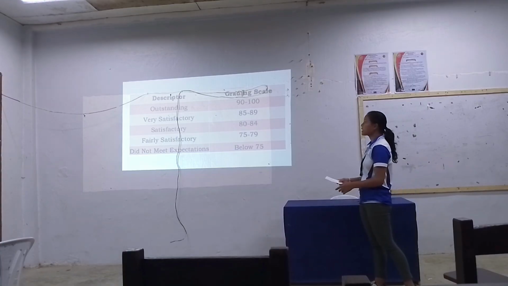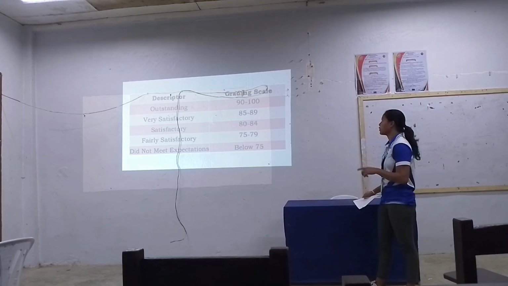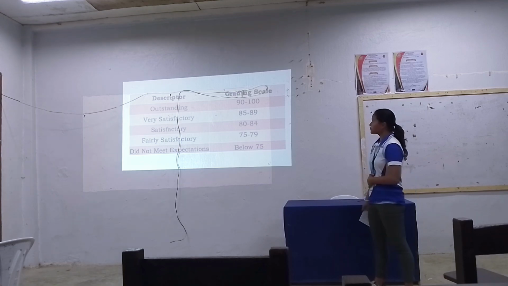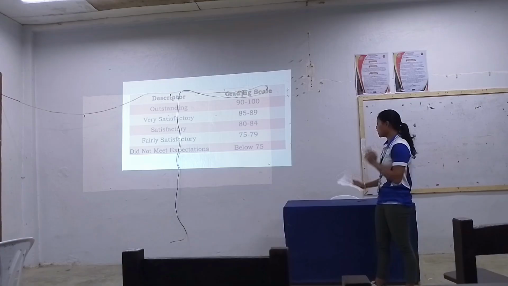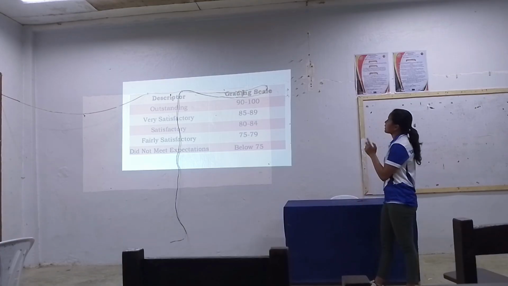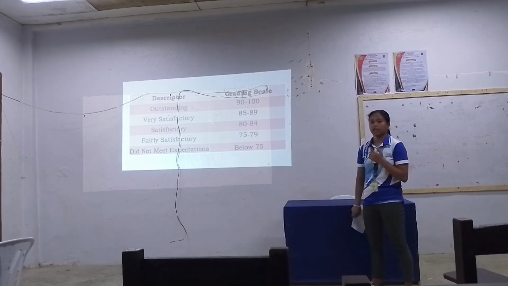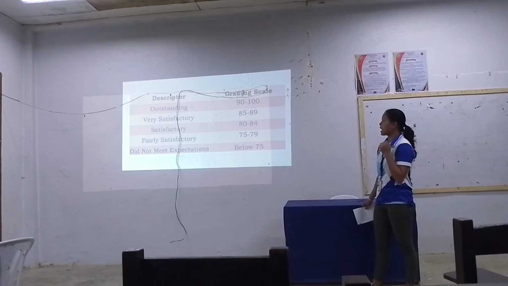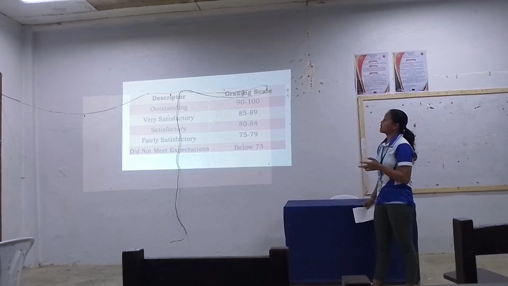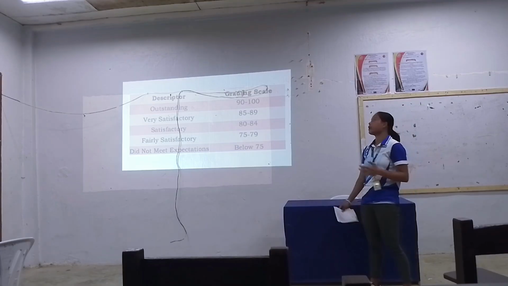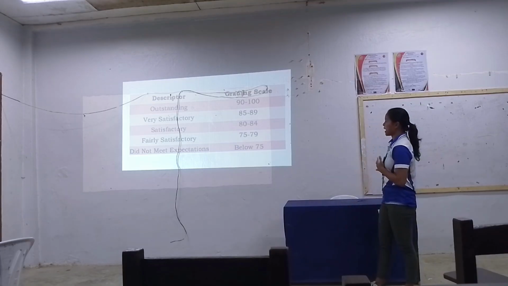First is the outstanding or excellent performance with a grading scale of 90 to 100%. Next is very satisfactory or the good performance with a grading scale of 85 to 89%. Next is the satisfactory or the adequate performance with a grading scale of 80 to 84%.